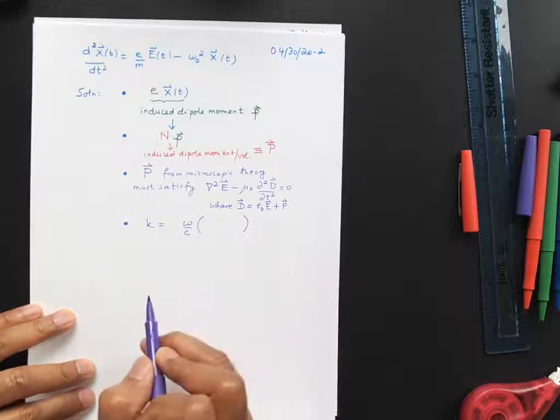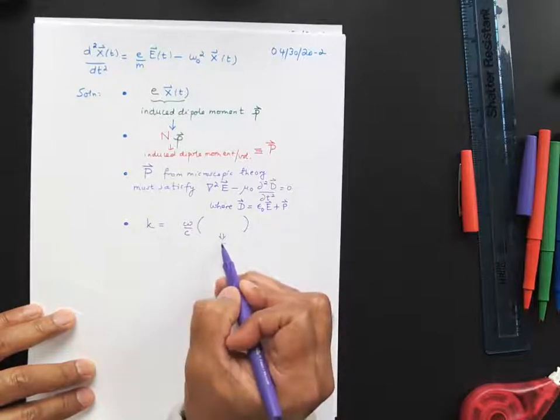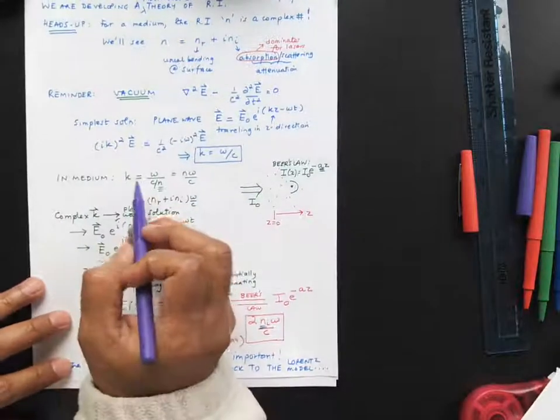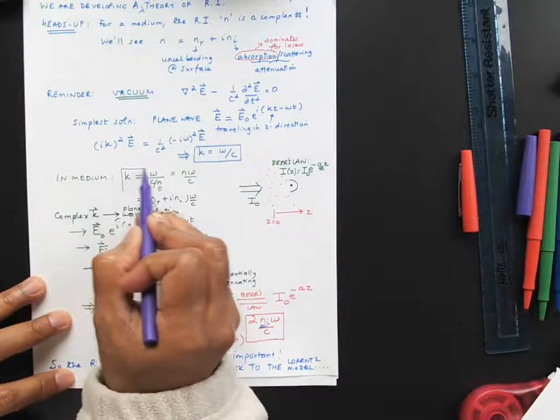And we know that this something is the refractive index, right? It's n times omega over c. I just sort of postulated that here.